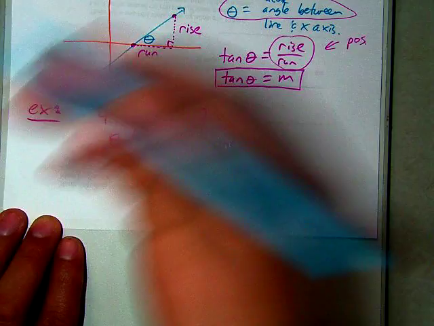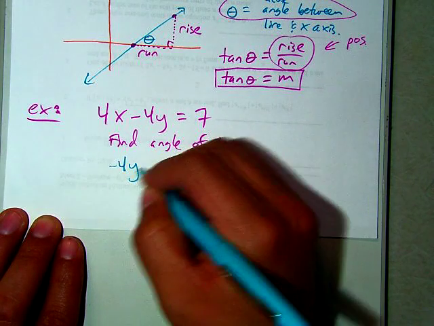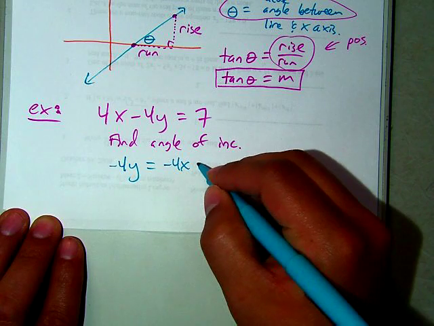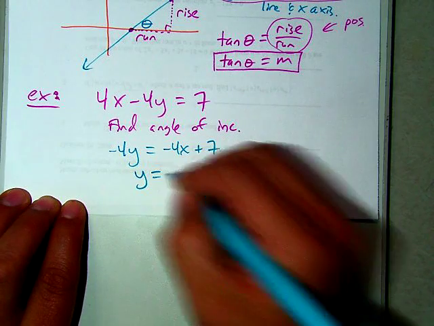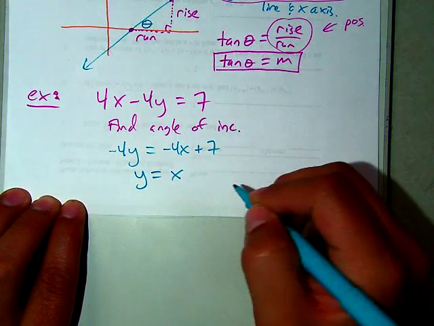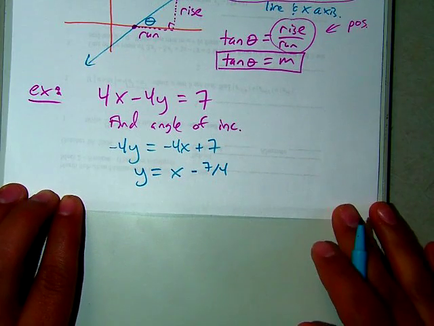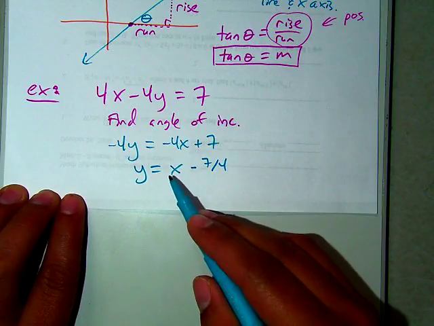Get y alone. And y equals mx plus b. Good. So, move the x term over. And then? So y is going to be x minus 7/4.